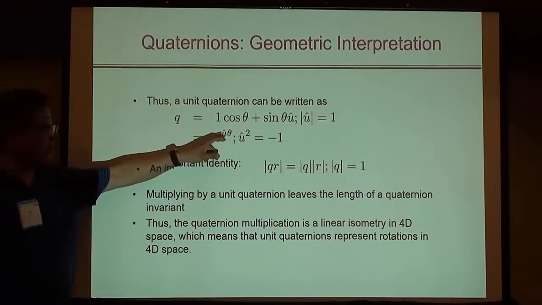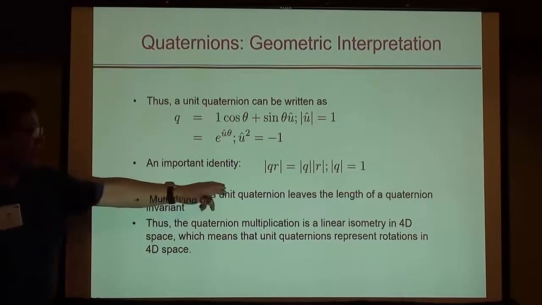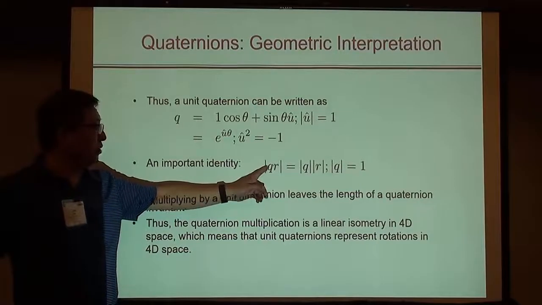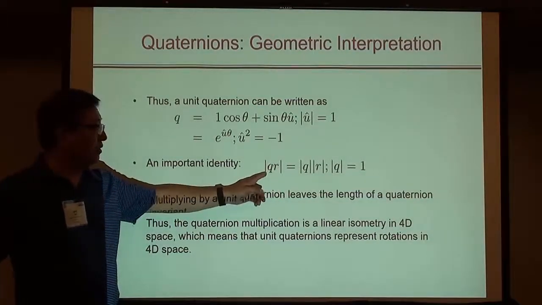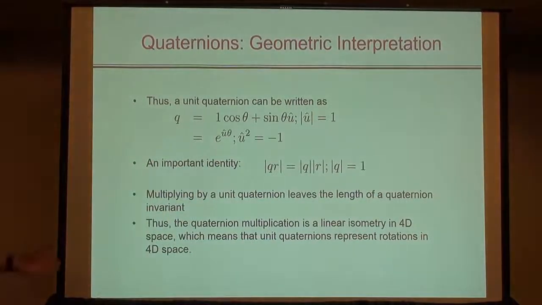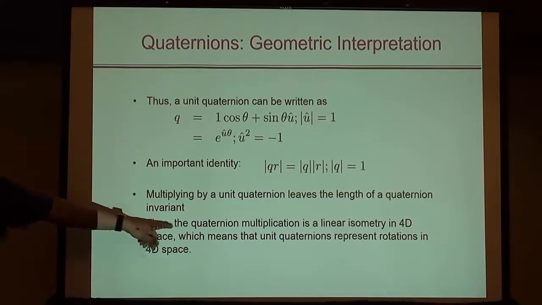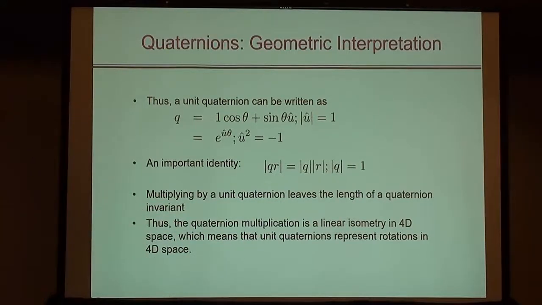Then we can write this in exponential form. Now, this also means that if you multiply a unit quaternion with another quaternion, the length does not change, right? So this gives rise to it being a rotation operator. Here it says quaternion multiplication is a linear isomorphism in 4D space, which is a big word.